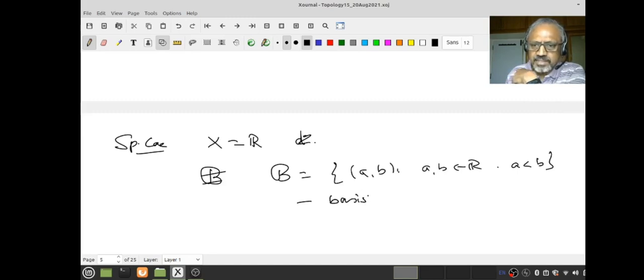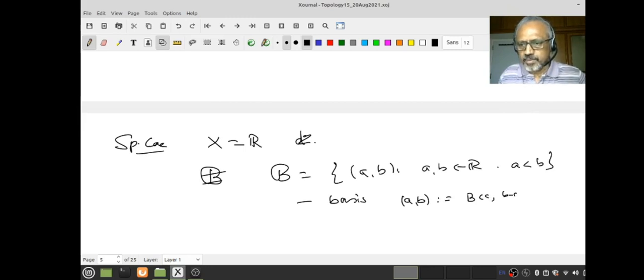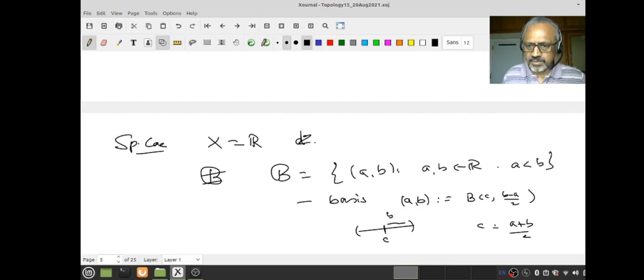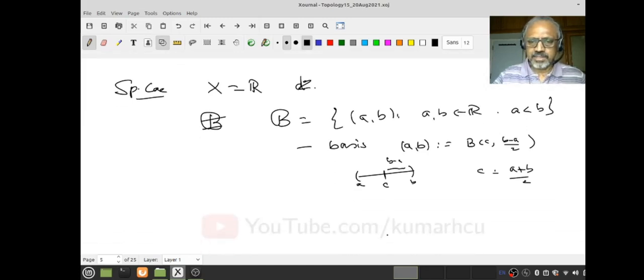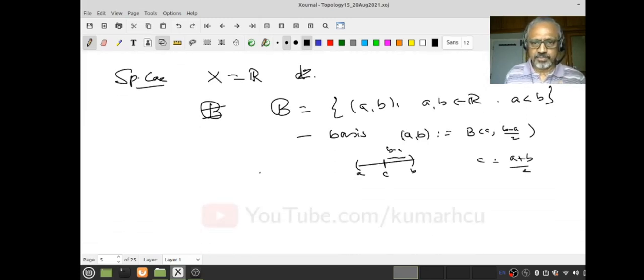But this is actually cheating, because if you watch my metric space video, I would have shown this is nothing other than B(c, (b minus a)/2), where c is the midpoint, (a plus b)/2. So I have (a, b) and take the midpoint c, and this is (b minus a)/2. Therefore, this is nothing other than our original metric space collection.